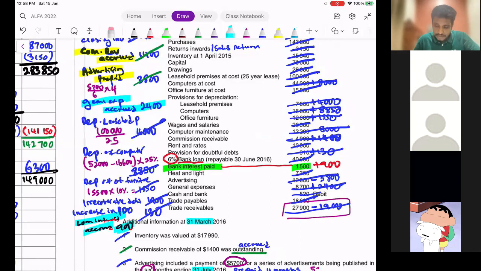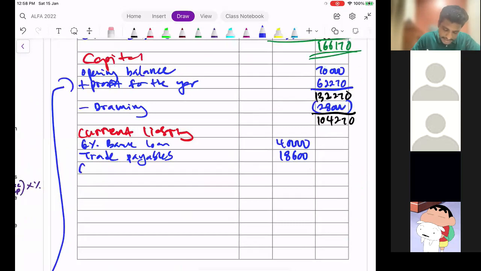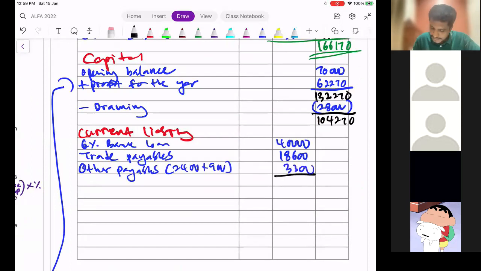You want to write one by one? Can. But I'm a good student, so I want to show the examiner I'm a very good student. I write other payables and show the working. 2,400 plus 900, I get 3,300. So if you total up these three, you get 61,900.